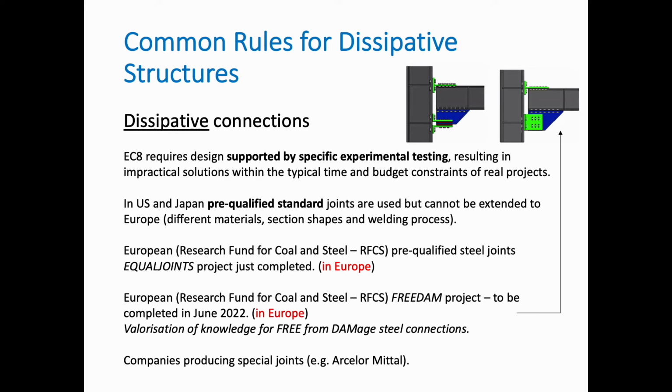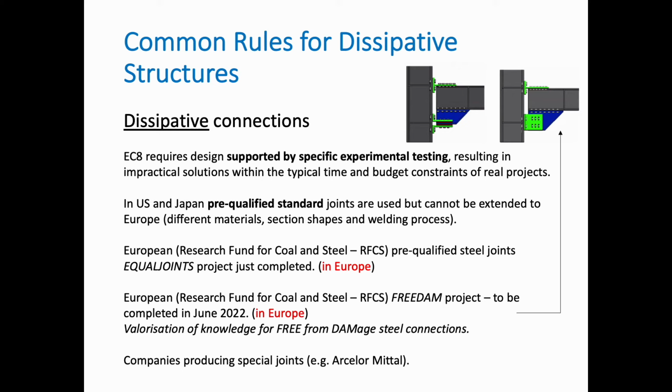So there is a need to have a set of experimental tests for different connections, and information tables and tools that come with it, in order to be able to use them in a timely fashion in projects. In the US and Japan, there is a list of pre-qualified standard joints which are used, but these cannot be extended, unfortunately, to European standards because of the different materials, section shapes, and welding processes that we have here.